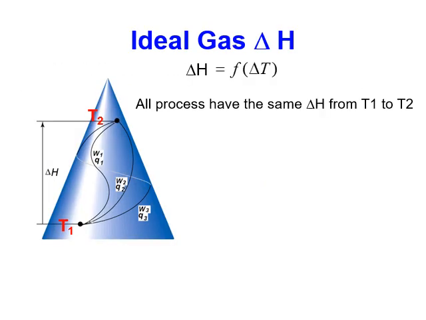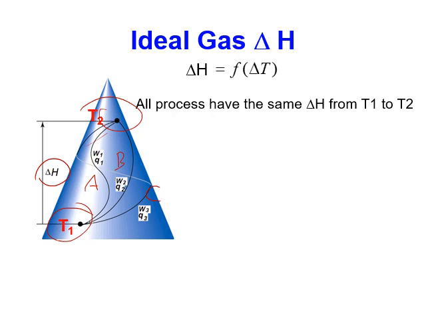How do we calculate the enthalpy change? Suppose we have a change from initial temperature T1 to final temperature T2, and it can go along different paths. Let's say path A, path B, path C, all right? We know that enthalpy is a state function, so as long as the initial and final states are the same, they should give you the same delta H, and therefore we need to choose a path that we can calculate.